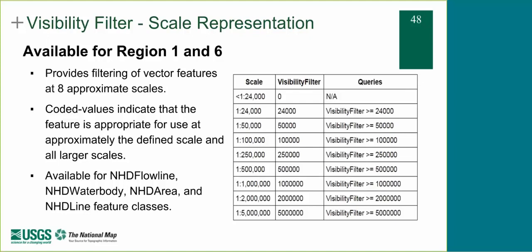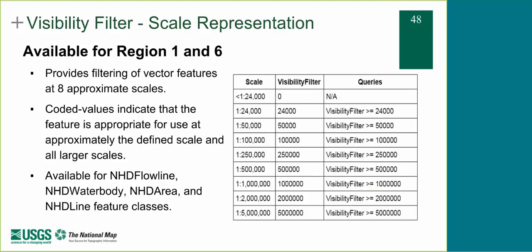This is a pre-NHDPlus process, and it is currently based on an NHD generalization process. What this attribute provides you is filtering of the data. This is not a generalized product. There's no actual removal of features or feature simplification. This is all about filtering the vector features.